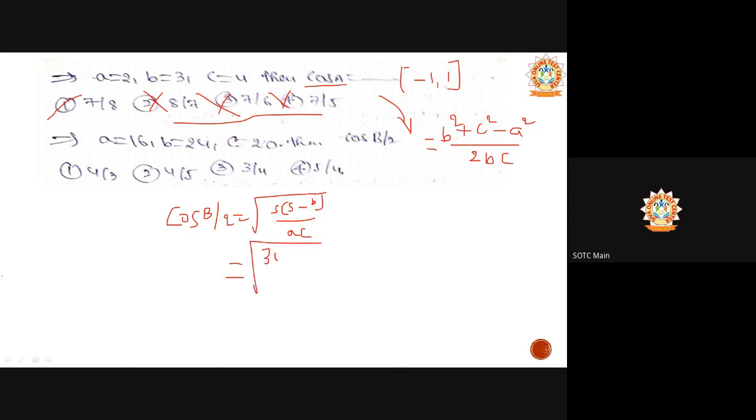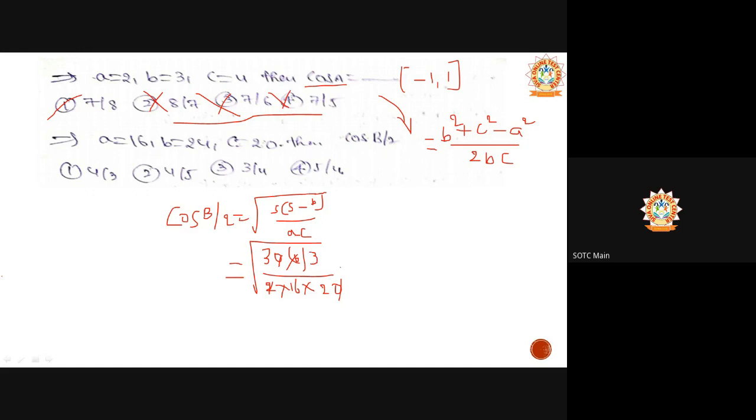Under root, 30 into (30 minus 24), it is 6, divided by 16 into 20. Here the zeros will get cancelled. Two ones, two threes.